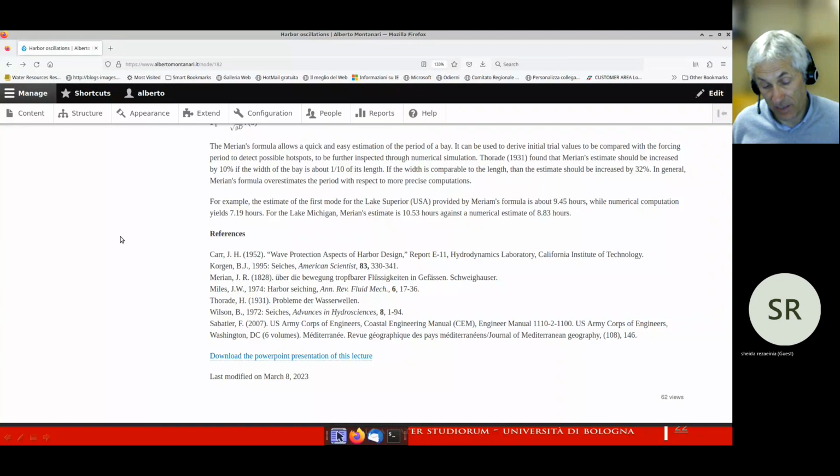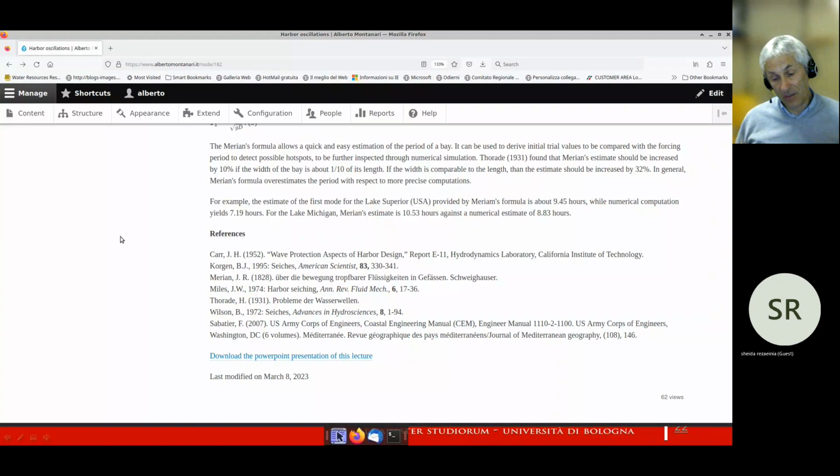And ships have also their natural frequency of oscillation. It means that when the ship is subjected to a standing wave, the ship tends to go up and down in the water with its own period.